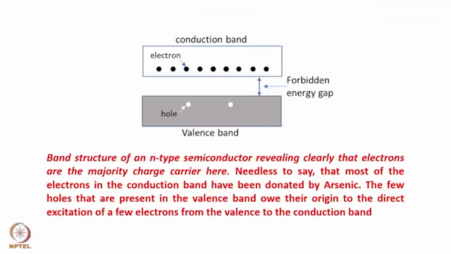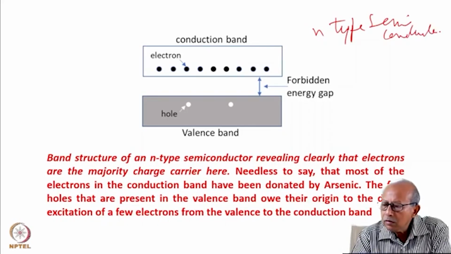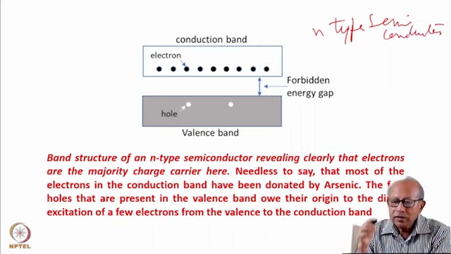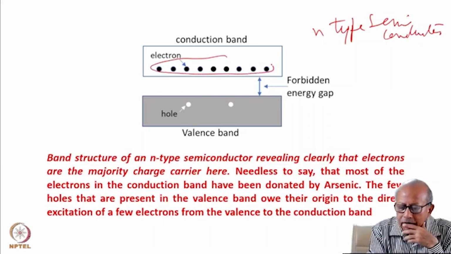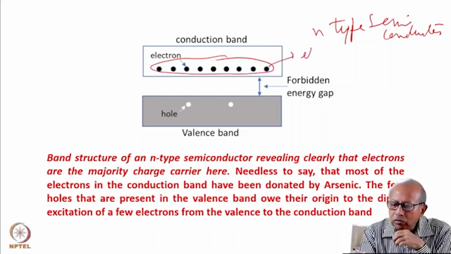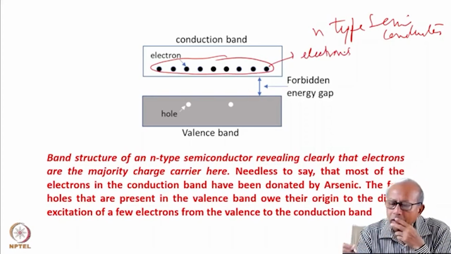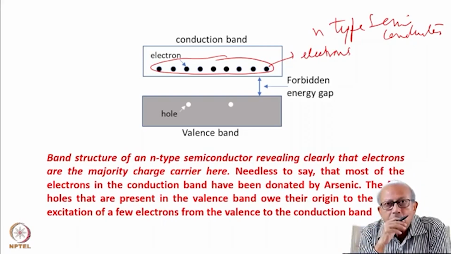And as you can see, this is called an N-type semiconductor, and the majority of the charge carriers in an N-type semiconductor are electrons, which are basically donated by the arsenic, that is the dopant molecule.